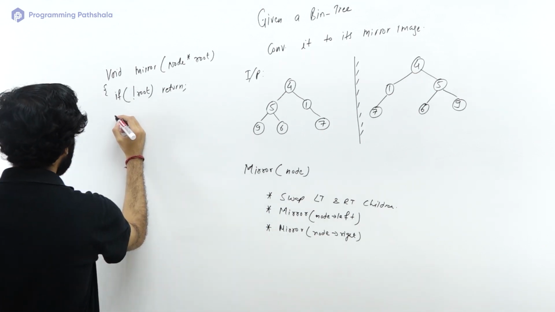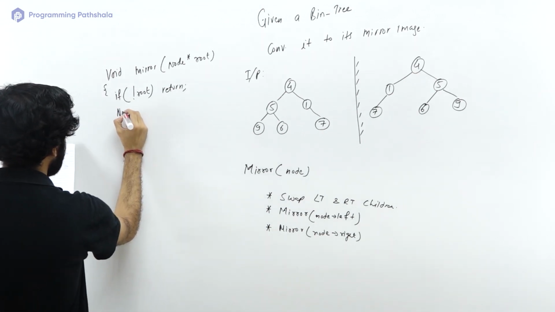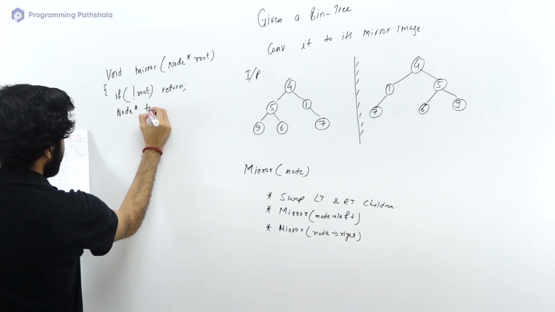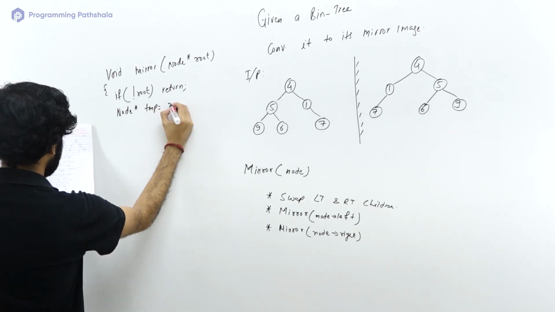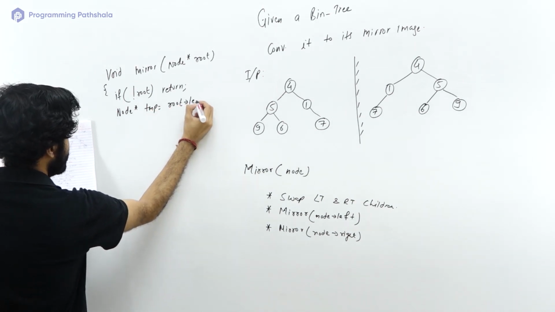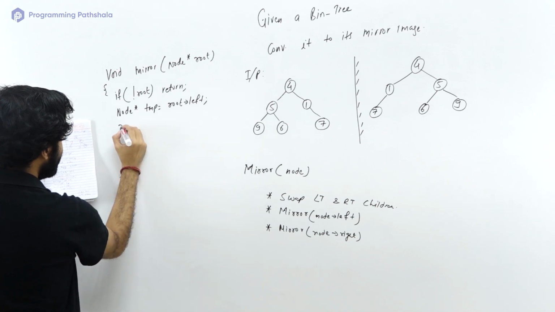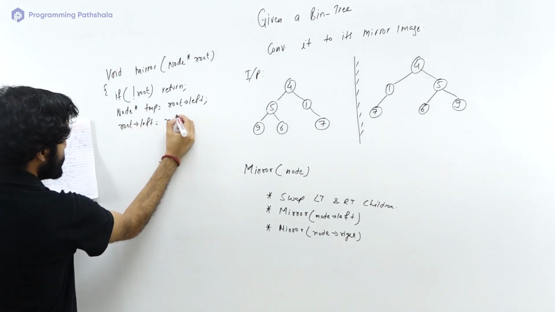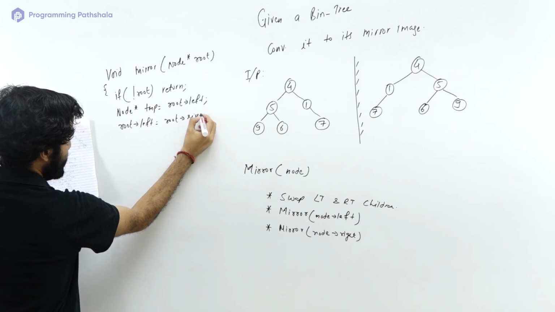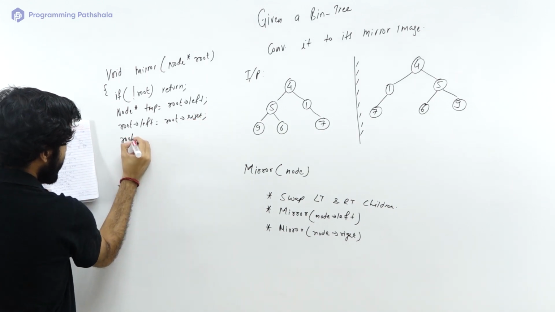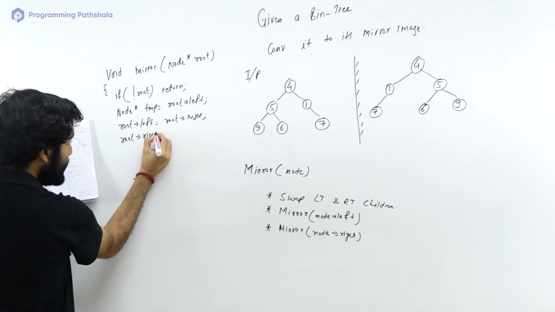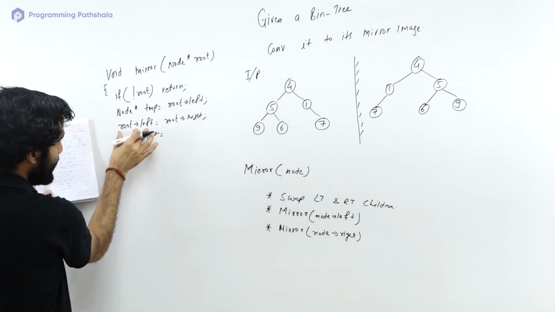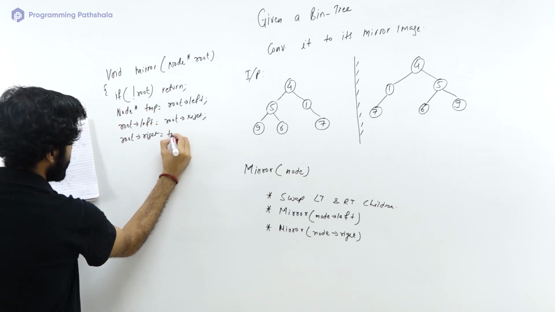So here I can have a temporary variable of the same type, node star, and what I'll do is, first inside it I'll save the address of root left, and after that I'll change my root left to become equal to root right, and then I'll change my root right to become equal to the actual value of root left, which was stored in temp.